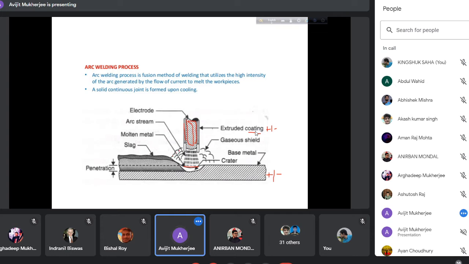Gradually, this thickness will be enlarged, and this pool of molten metal, or the crater, is covered by what is known as a gaseous envelope or shield. Why is this gas developed? Due to the fusion or burning of the coating material.